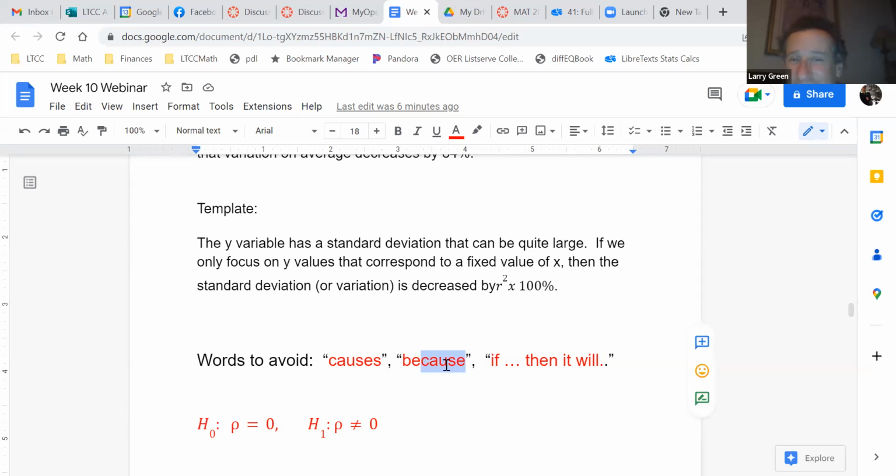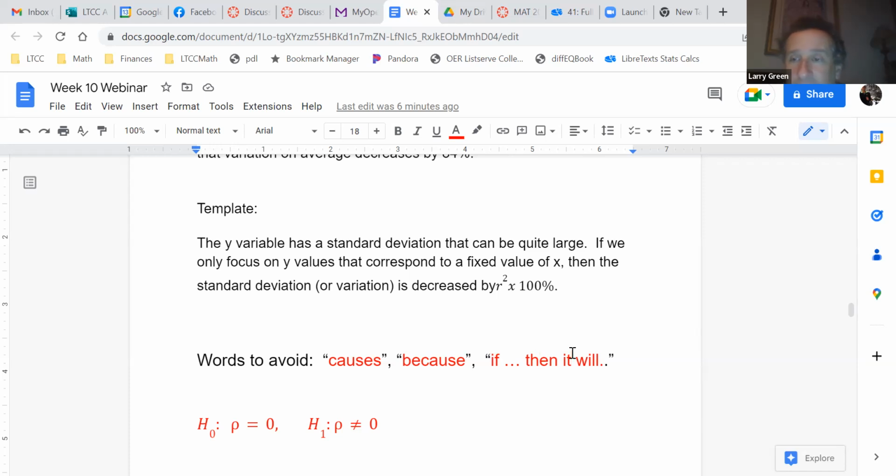So don't use because either. Also don't use "if, da, da, da, then it will," because that's the same thing as cause. So better words to use are tendency of or tends to. That's a good word. Or predicted is a good word. But stay away from cause.